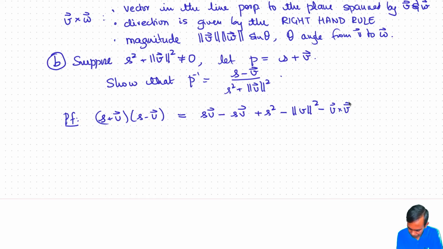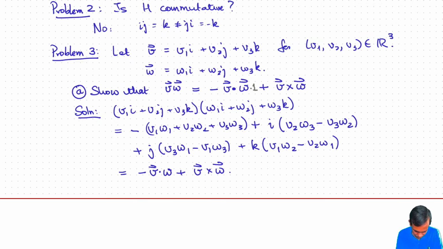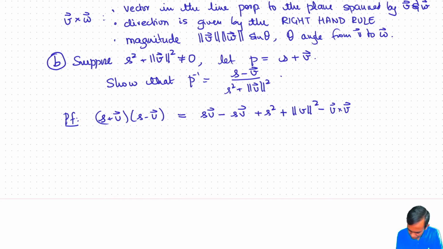Sorry, it's plus V squared, because over here we had a minus sign. So these terms cancel out, and V cross V is going to be 0 because the angle from V to itself is 0.